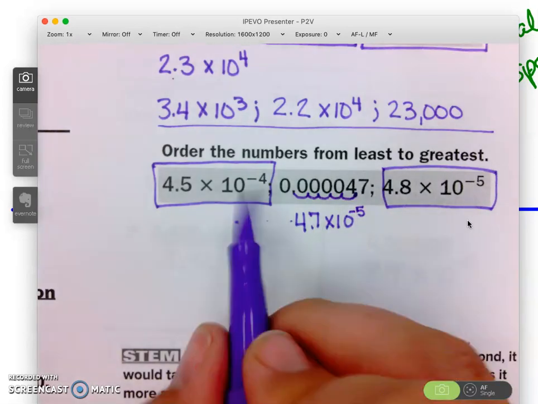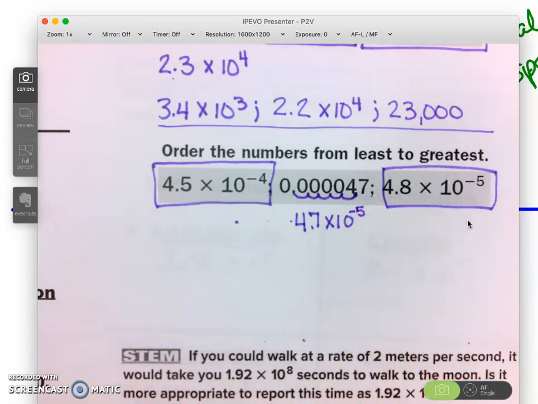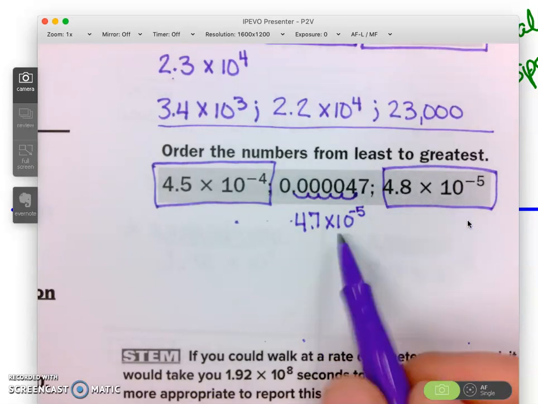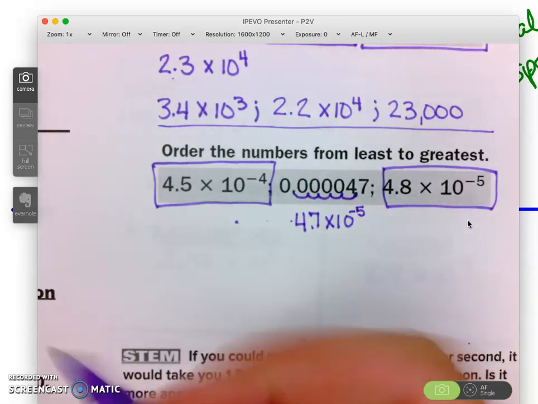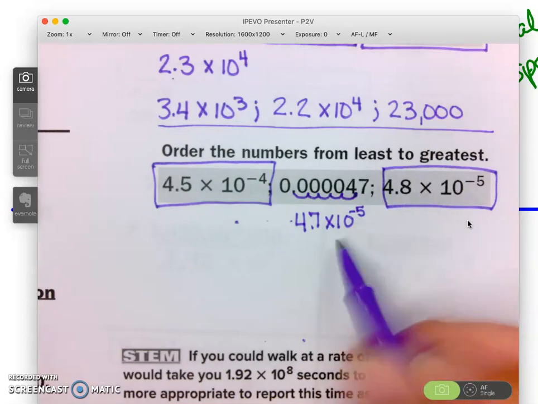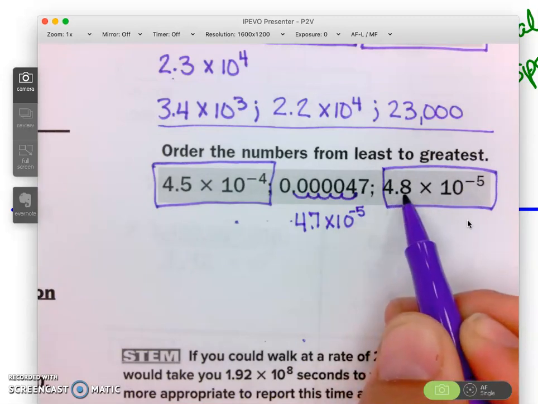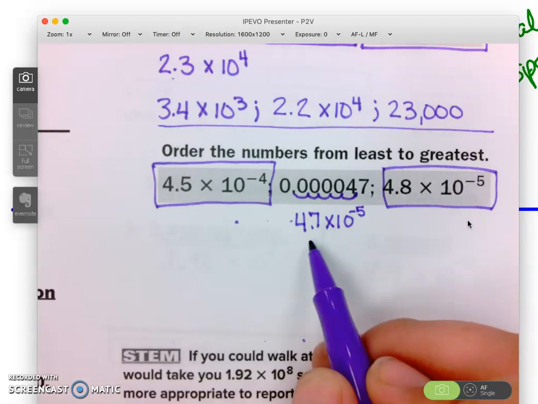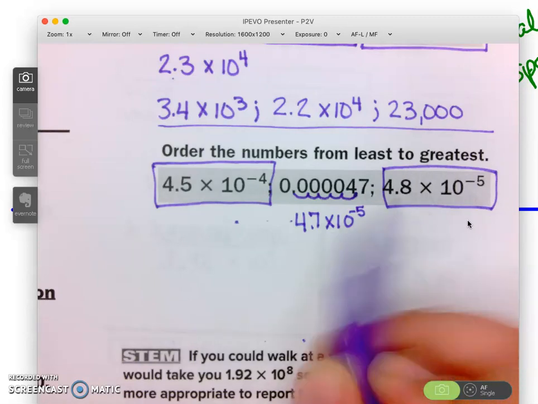Now here, negative 4, negative 5, negative 5, which is smaller? Negative 5 is going to be smaller, or further away from 0. So I have to look at these two first. Well, 4.8 and 4.7, I'm just going to look at those numbers.